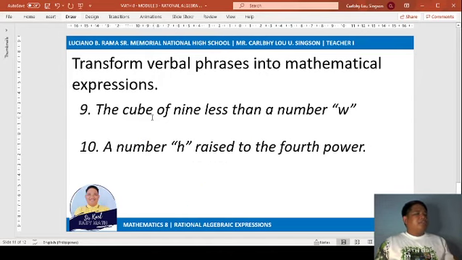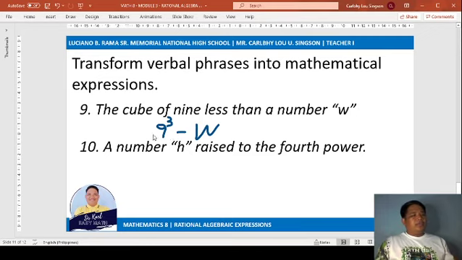Number 9, the cube of 9 less than a number double. So the cube of 9, so you just have 9 raised to the power of 3, minus double. So that is just equal to the cube of 9 less than a number double.